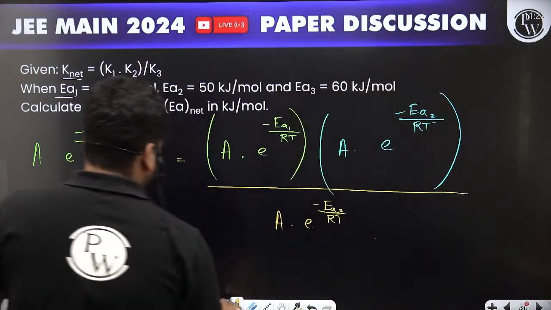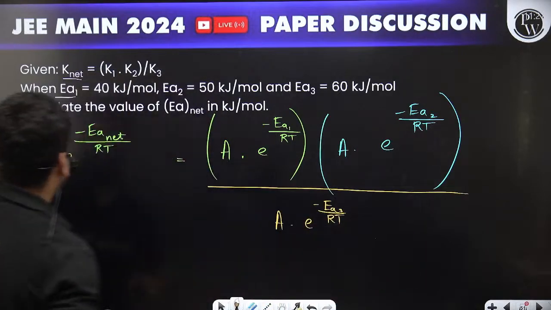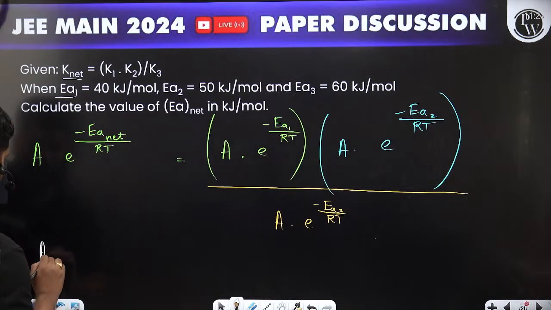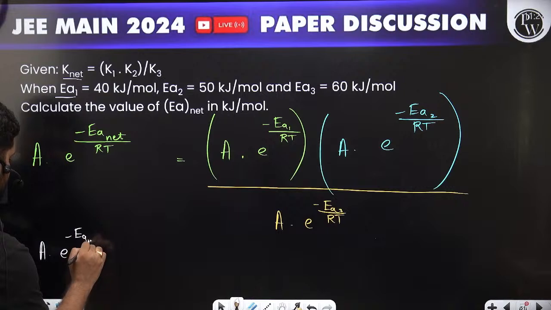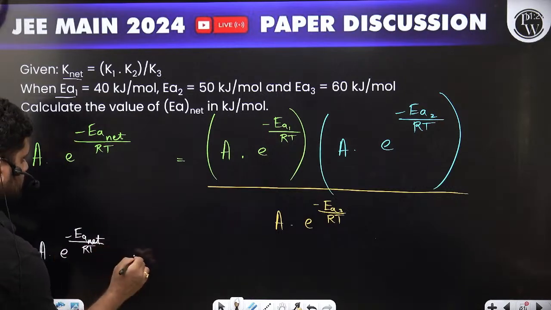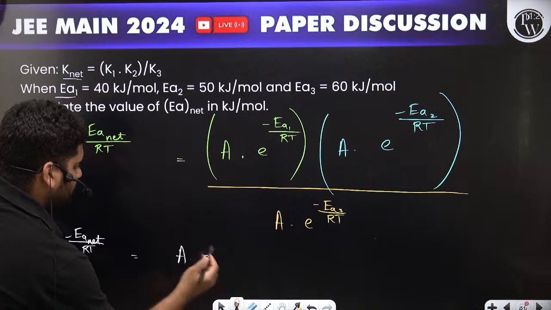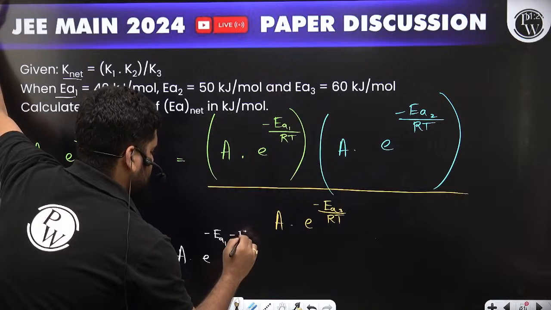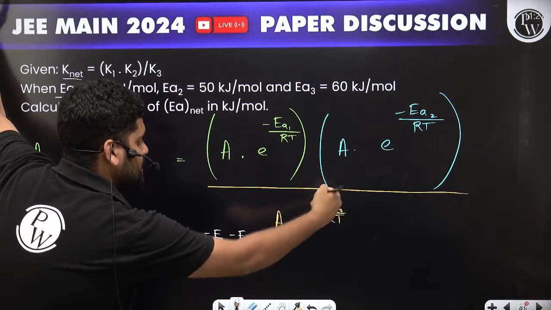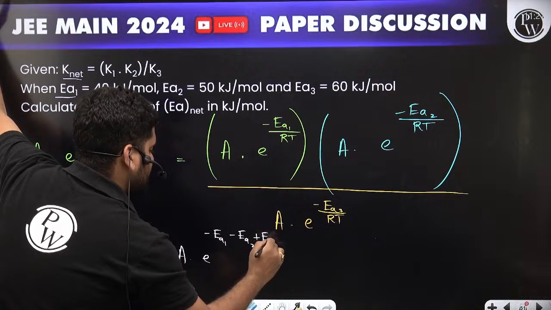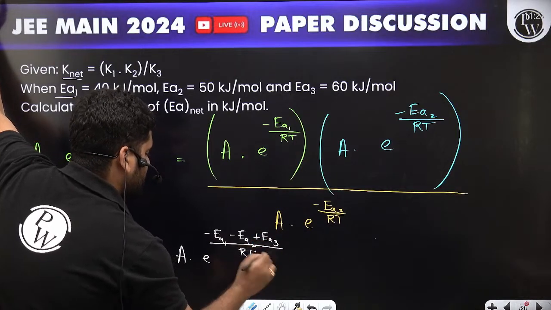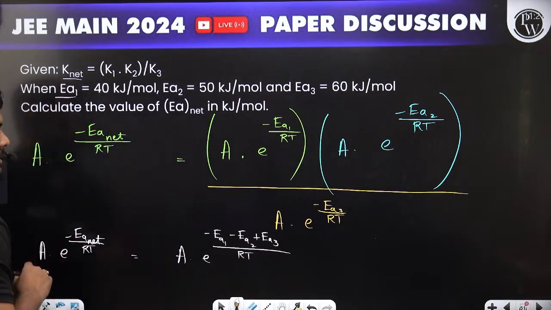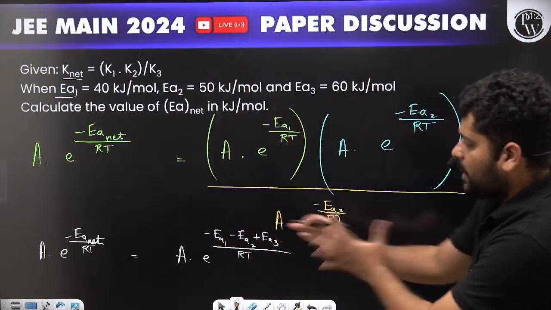Okay. Now in the next step, see, we have K net, or this particular thing can be represented as A into E power minus EA net divided by RT is equal to A into E power minus EA1 minus EA2, and this goes to the numerator, plus EA3 divided by RT. This is what we can write, isn't it? Divided by RT. Okay, right? So we have the common equation now.